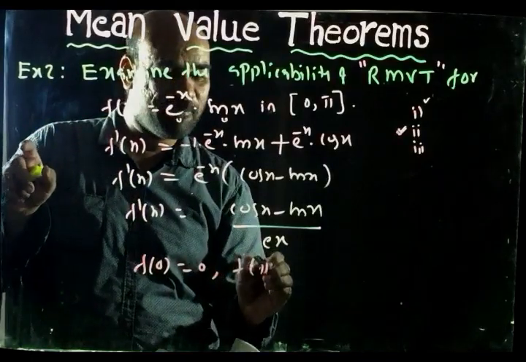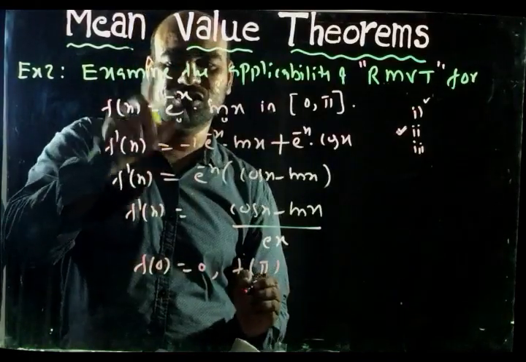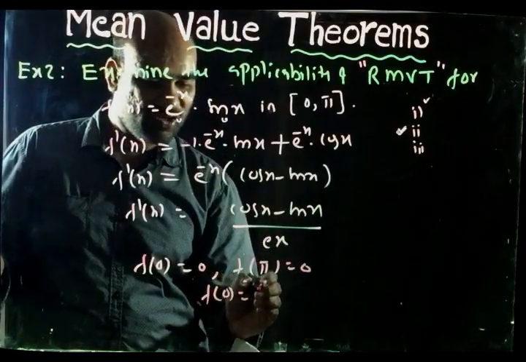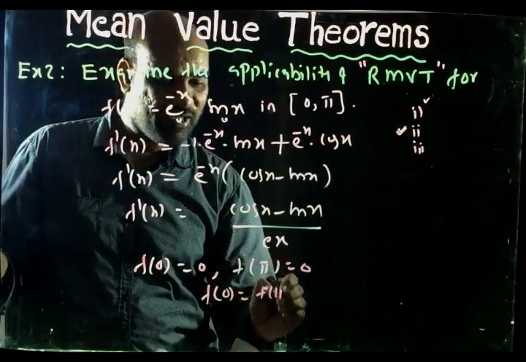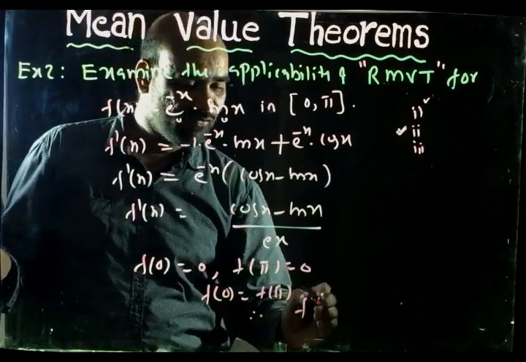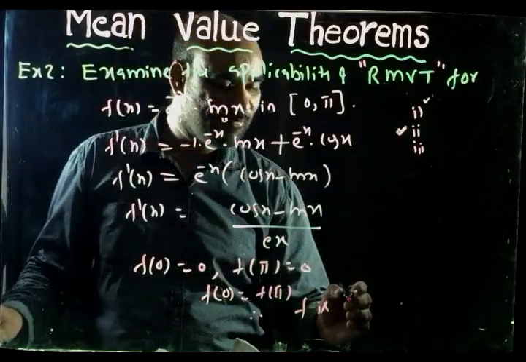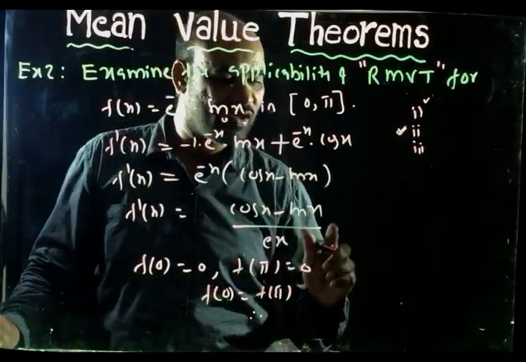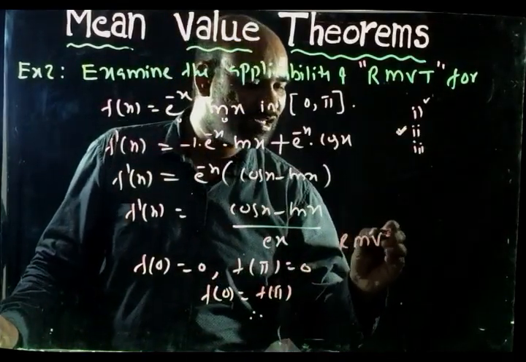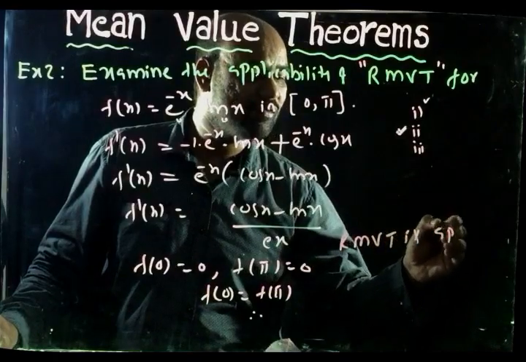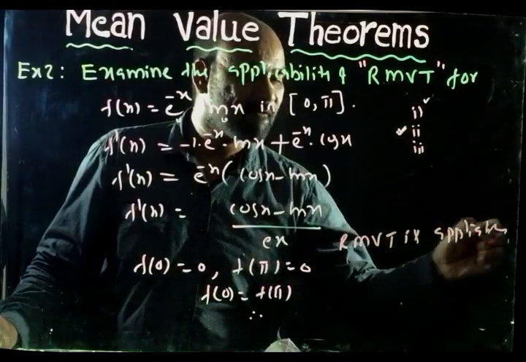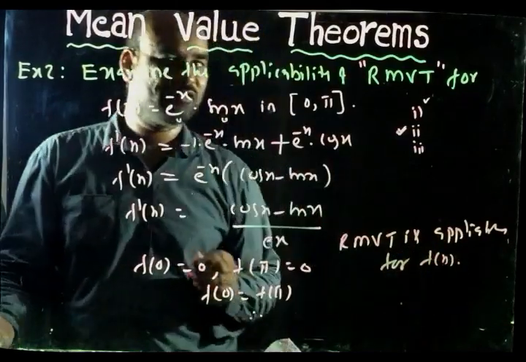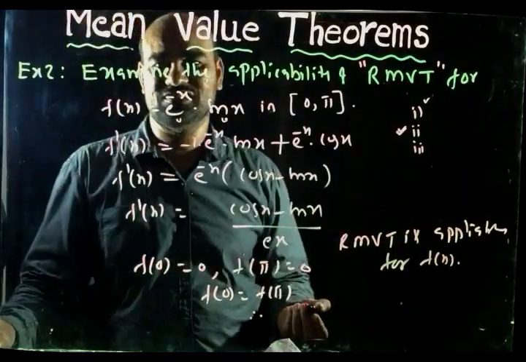Next, f of pi: sin pi is 0, so this is also 0. f of 0 equal to f of pi. Therefore, f of x satisfies the conditions, and RMVT is applicable for f of x.